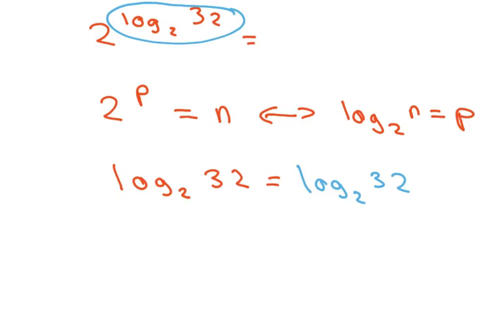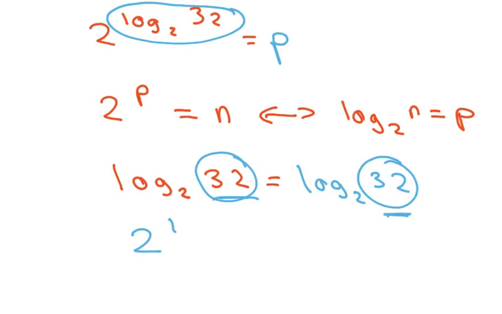So basically your p is log base 2 of 32. So you want this side to equal this side: 2 to the log base 2 of 32 equals 2 to the log base 2 of 32.